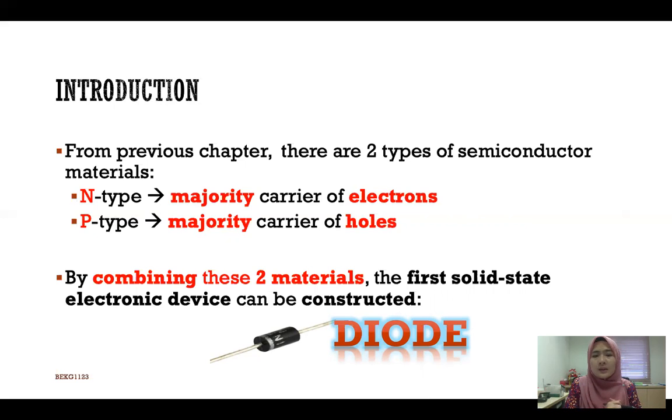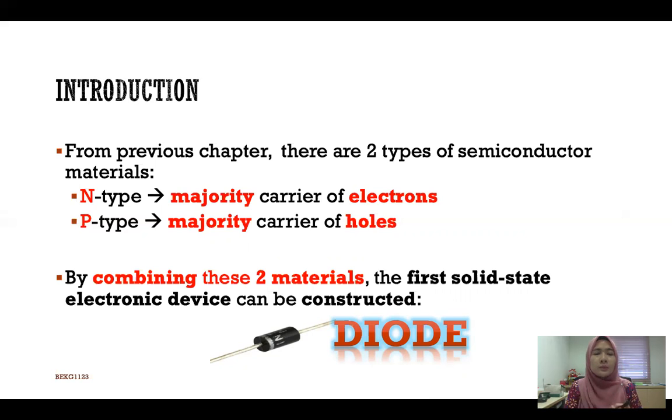You also learned about the N-type semiconductor and the P-type semiconductor. So this is actually a continuation of chapter 3, the last part in chapter 3. If you already forgot, I hope that you can refer back to your chapter 3 lecture: what is an N-type, what is a P-type semiconductor?